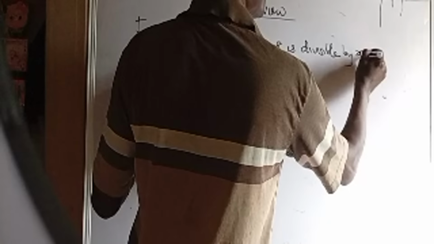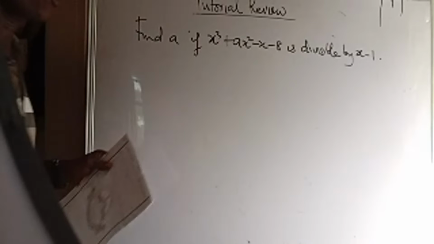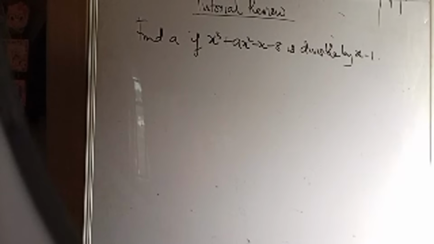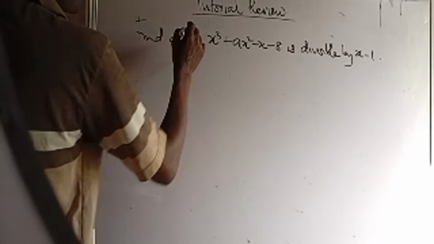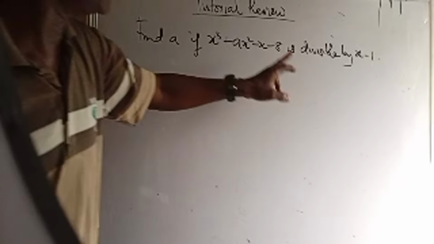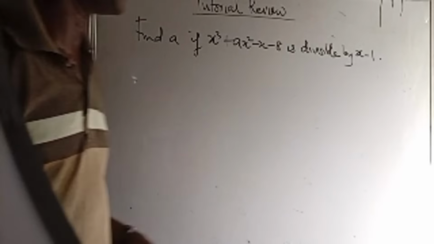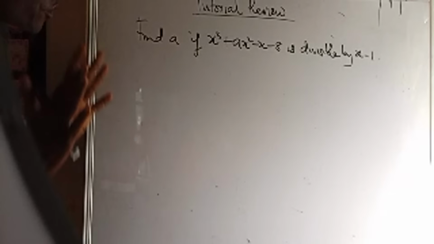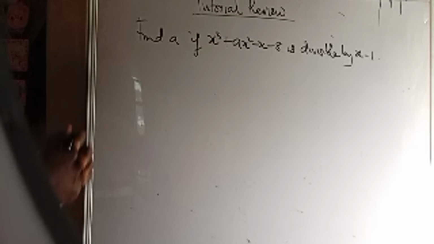Now, what are we asked here? What you have been doing so far is indirectly being asked here. We are asked to find the value of a if this polynomial is divisible by this. The simple truth is you are being asked to find the remainder as well.